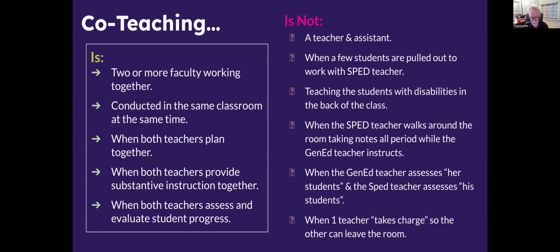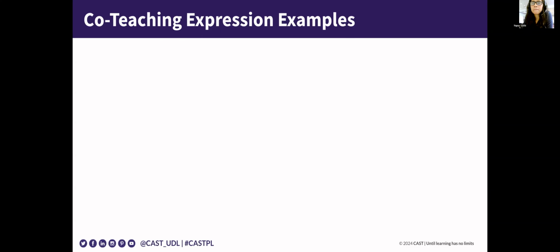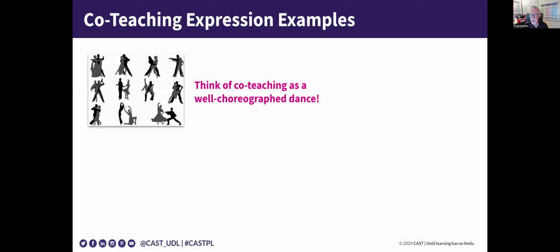So we want to do a little activity because we're getting close on time. We want to talk about some co-teaching expressions. I love analogies. I love to think about different ways of making connections. In thinking about co-teaching, I think of it as a well-choreographed dance.